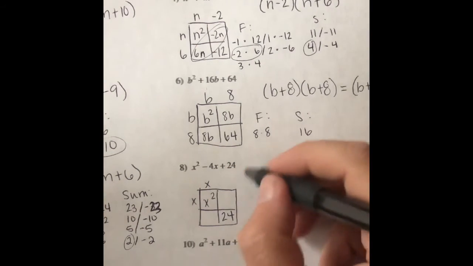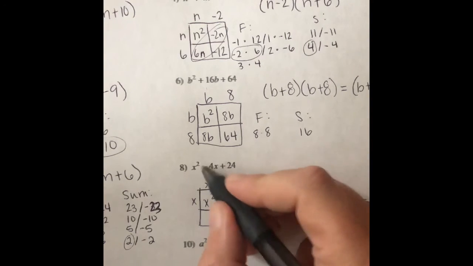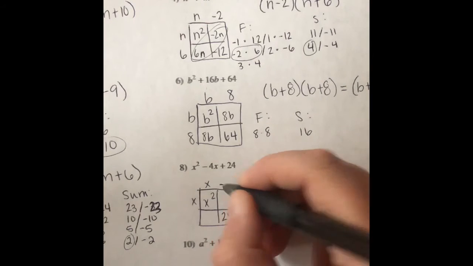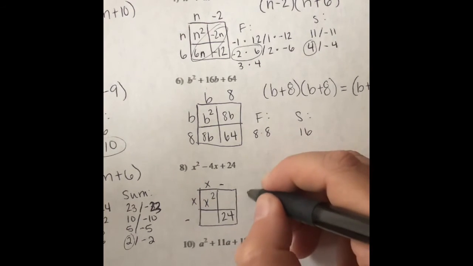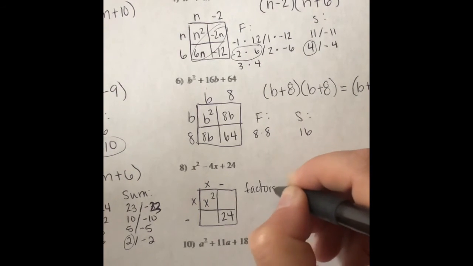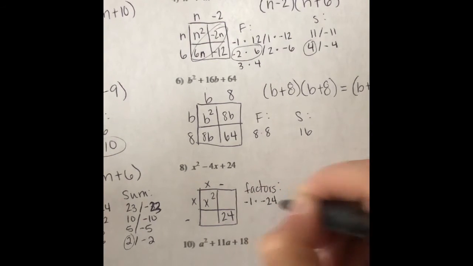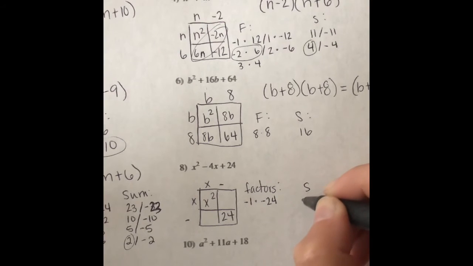All right, and we're looking for a +24, but a negative sum here. So it tells us that both of our factors have to be negative numbers. All right, so our factors are going to be -1 times -24, which is going to give us a sum of -25.